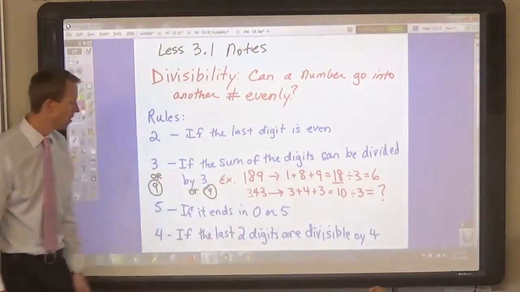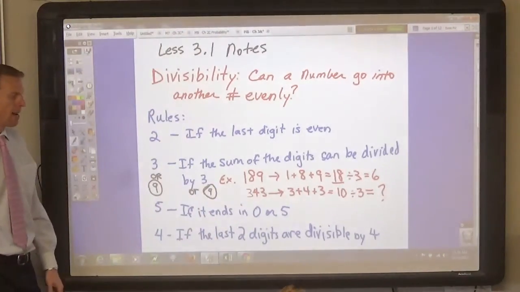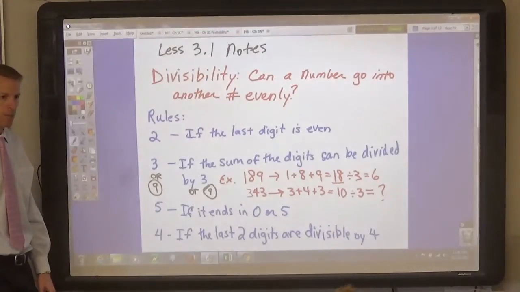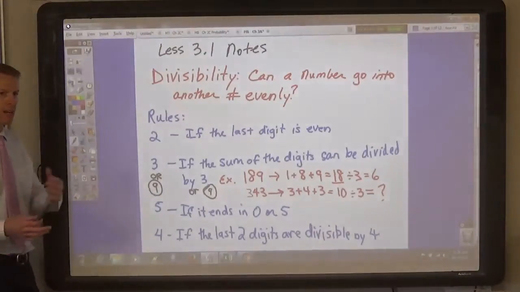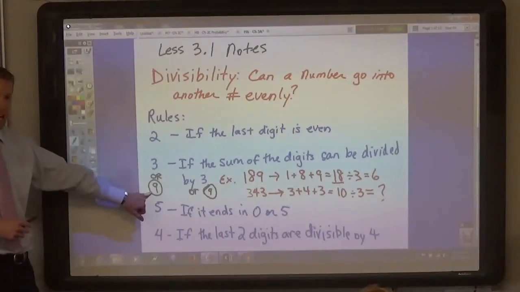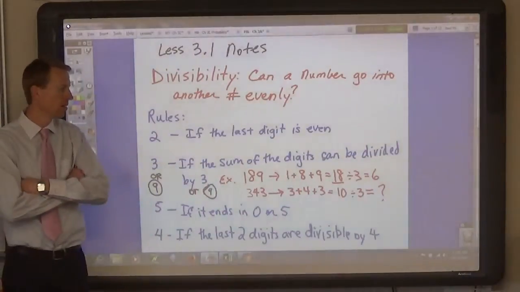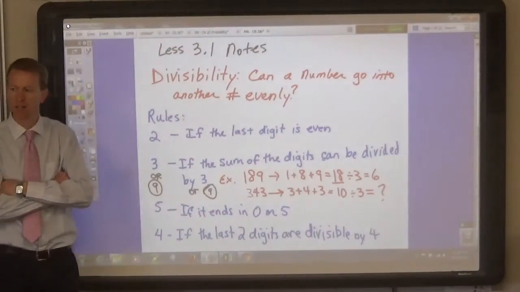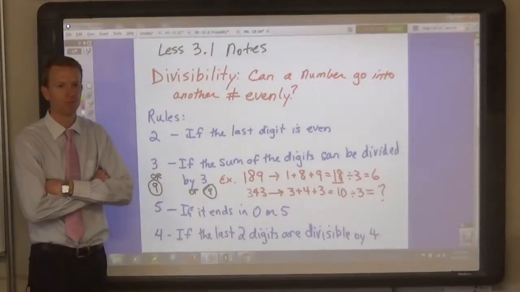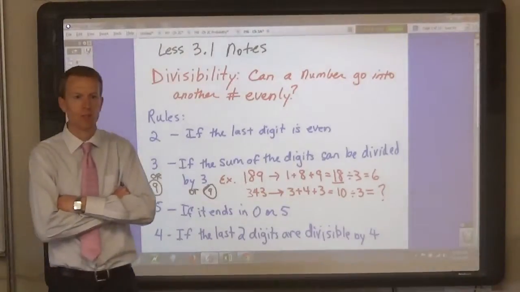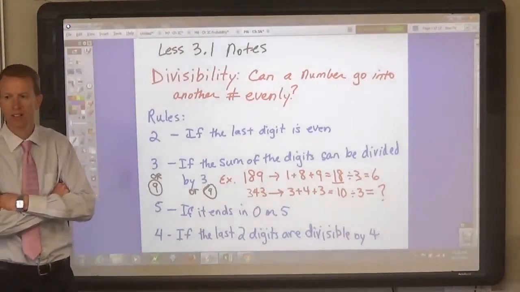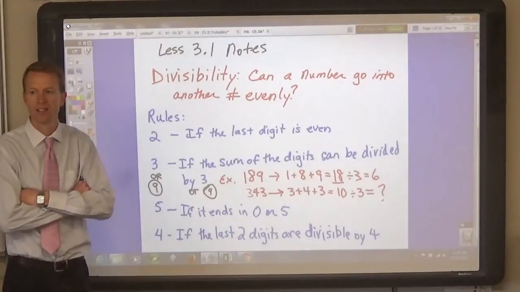The same is true for 9. You would do the same thing to check to see if 9 is a factor of a number. Is 189 divisible by 9? Yes. How do you know? What's the sum of the digits again, Roy?